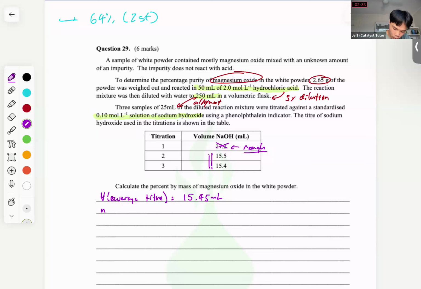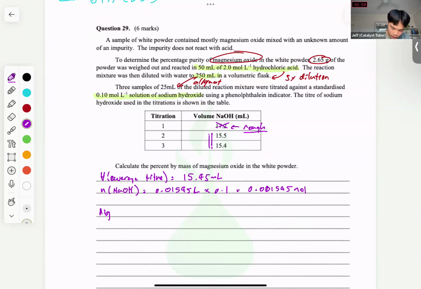So you can then find the moles of NaOH, which is equal to 0.01545 liters times by 0.1, giving you 0.001545 moles of sodium hydroxide to neutralize what's in the 25 ml sample. Okay.